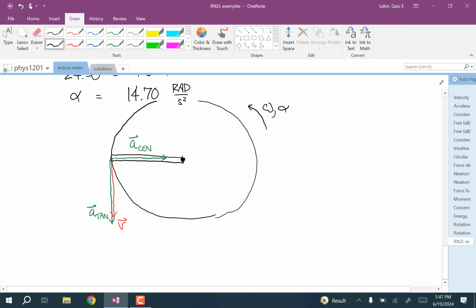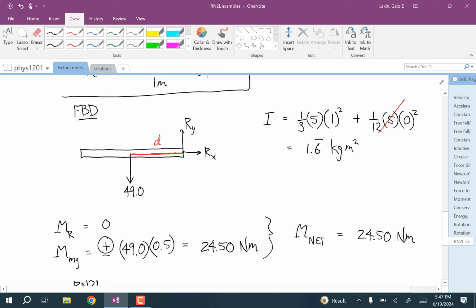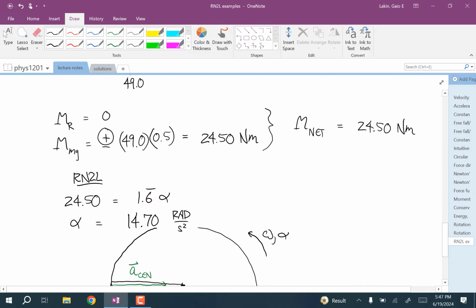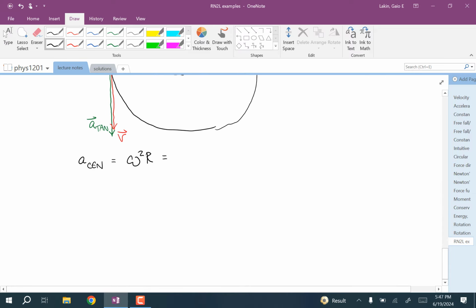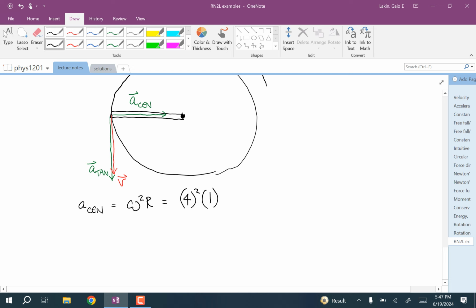And now we just have to calculate the two parts of that acceleration. The magnitude of the centripetal acceleration is omega squared times r. Omega was 4. So this is 4 squared times the radius of this circle, which is the length of this beam, so 1.